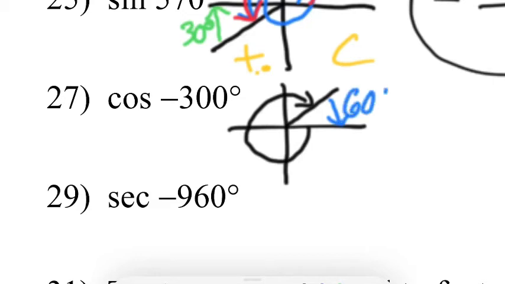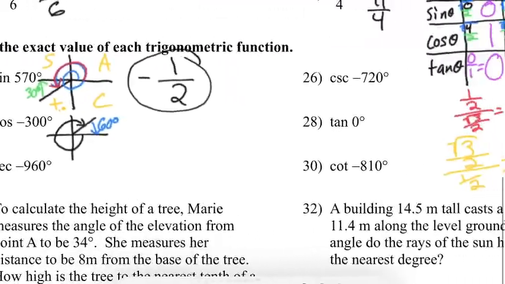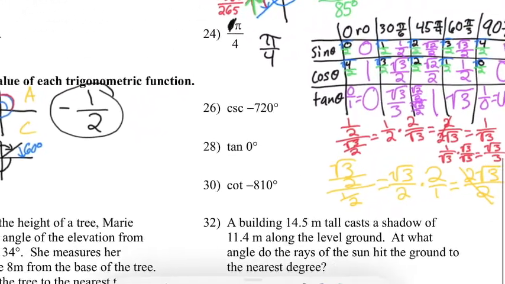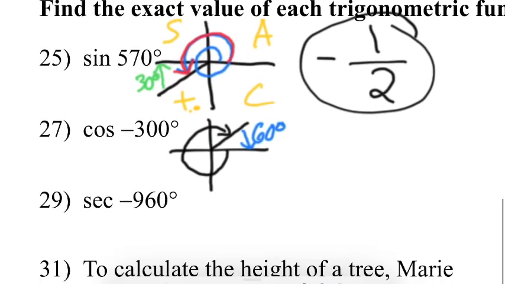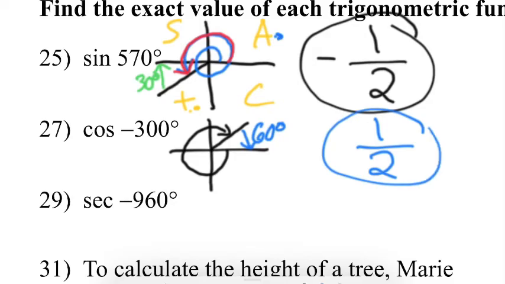Our reference angle is going to be 60 degrees. So cosine of 60 degrees on our table is 1/2. So our answer is 1/2. Now, because we're in the first quadrant, we can look at what we wrote for 25. All of them are going to be positive in the first quadrant. So it's going to be a positive 1/2.